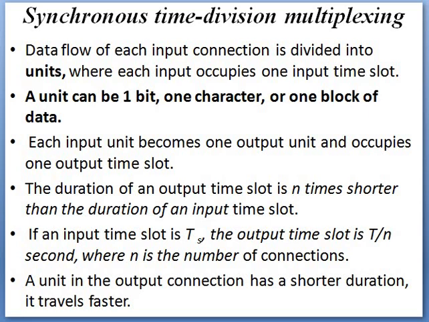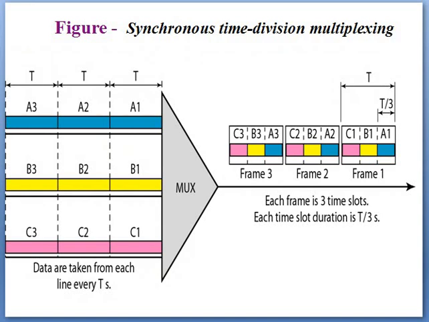That means a unit in the output connection has a shorter duration, so it travels faster. In the given figure, synchronous time division multiplexing is shown where n, the number of connections, is equal to 3.